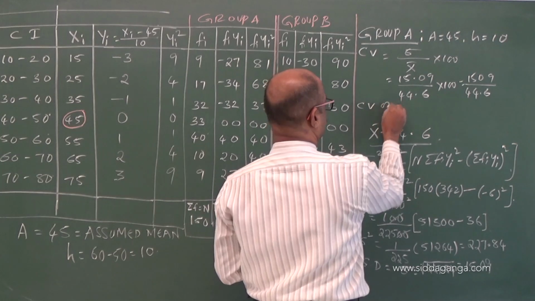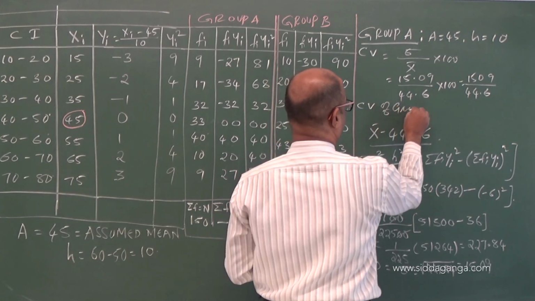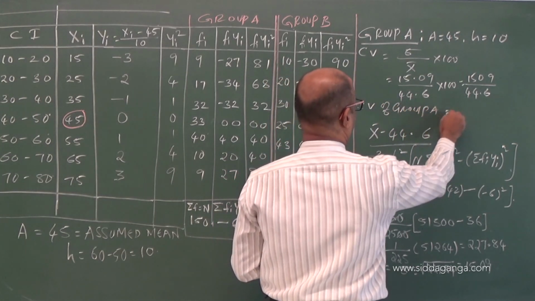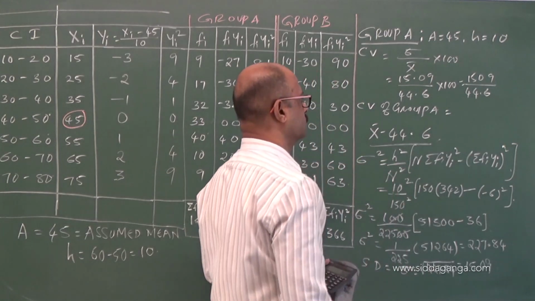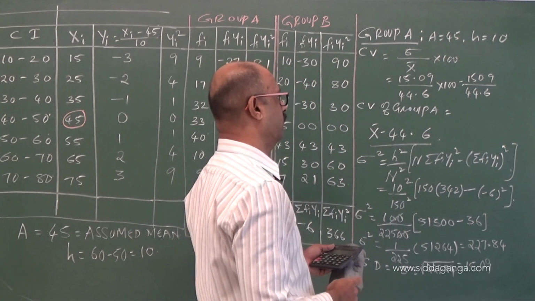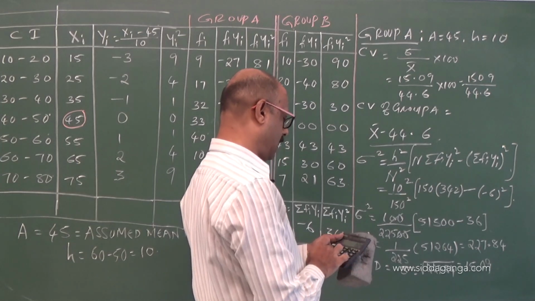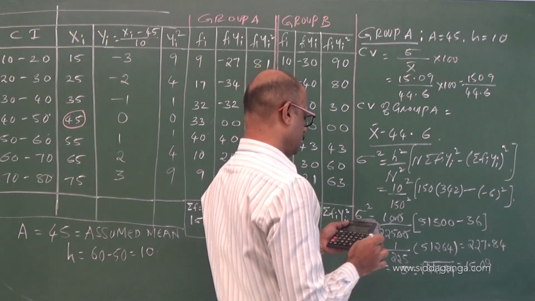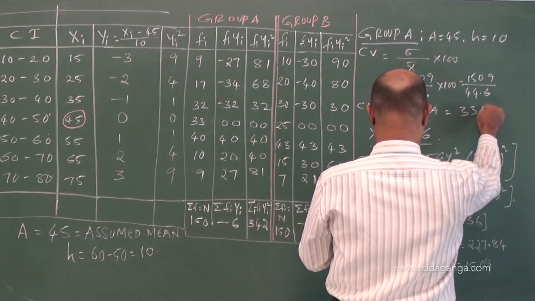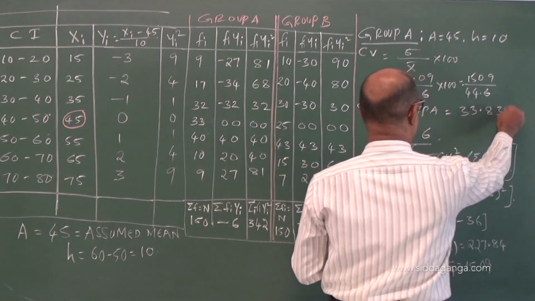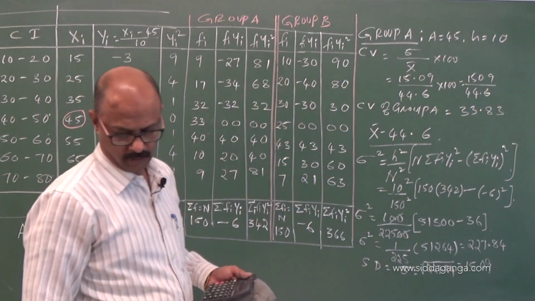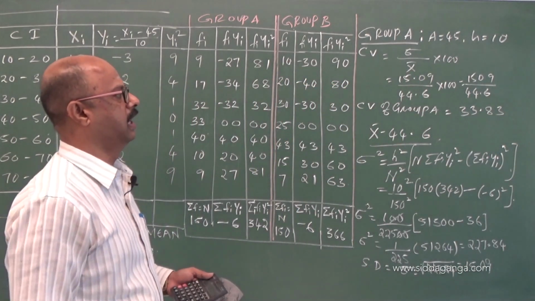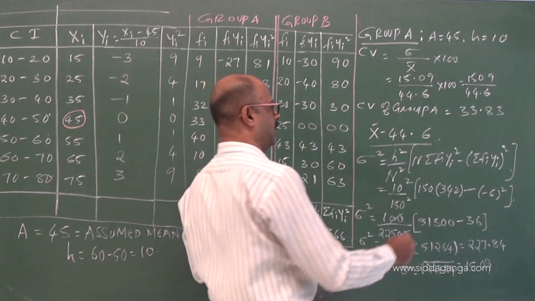So this is CV of group A. CV of group A is equal to 1509 divided by 44.6, which is equal to 33.83. This is for group A.